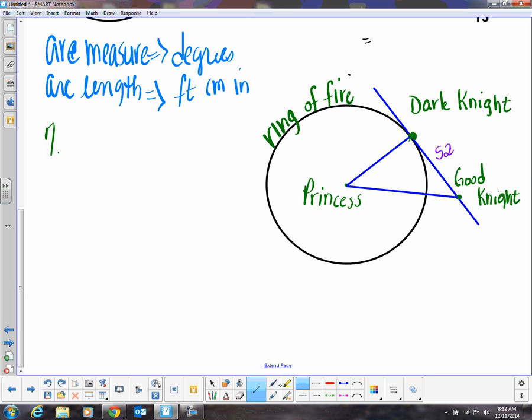So if I connect this, from here to here is 20. My next question is, what is this with relation to the circle? They're congruent because they're both radii. So if I let this be x, then this green segment must also be x.